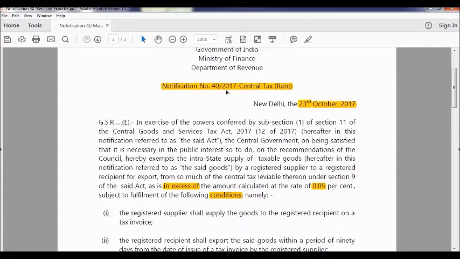So the government thought about it, and at the 22nd meeting of the GST Council they came up with a notification, which you can see on your screen, notification number 40/2017 dated 23rd October 2017.